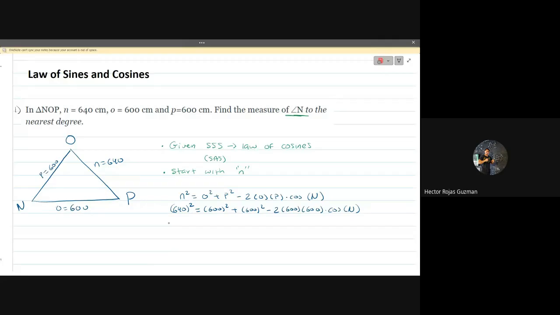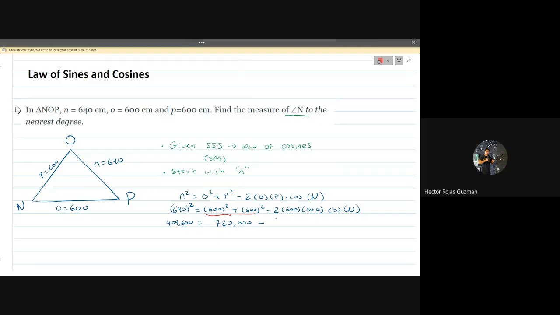640 squared, that is 409,600. Now to shorten the work, I'm going to square the 600 and add another 600 squared, both at the same time. So 600 squared plus 600 squared gives me 720,000. Minus.